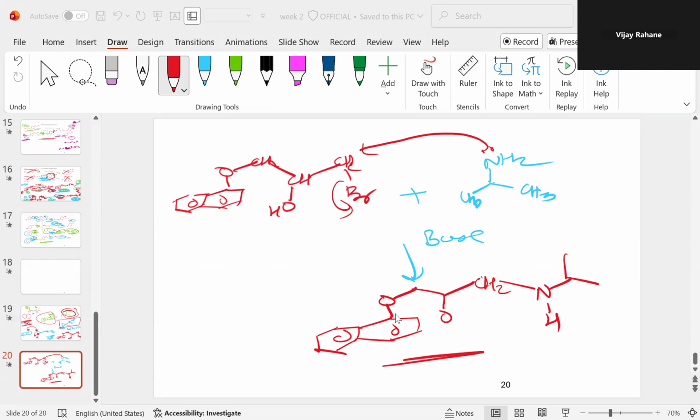Functional group interconversion. Basically, in functional group interconversion, we can change one functional group to another functional group, for the simplicity of our reaction. Some examples we'll see here.